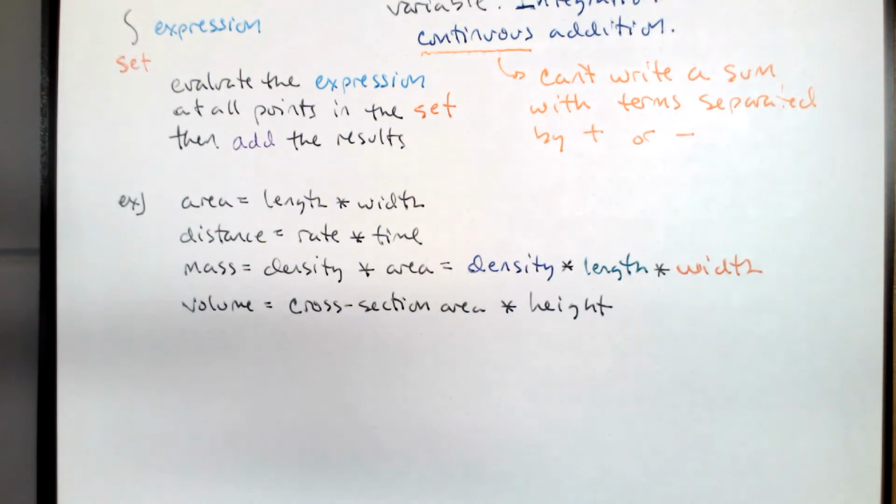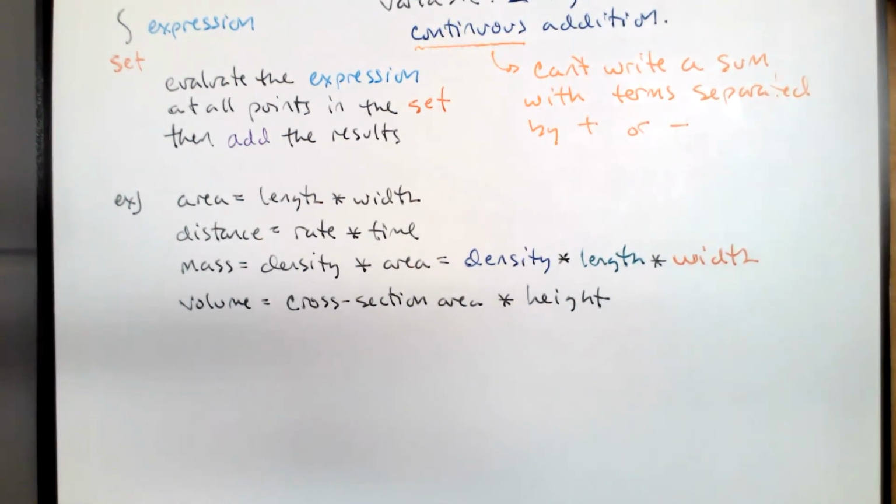So here's what we're going to do. We're going to look at a type of volume called a volume of revolution.